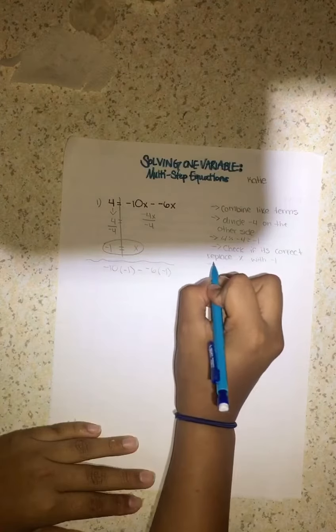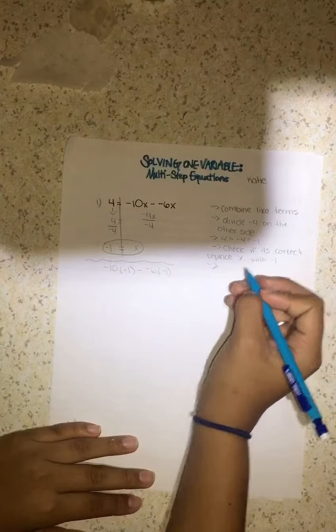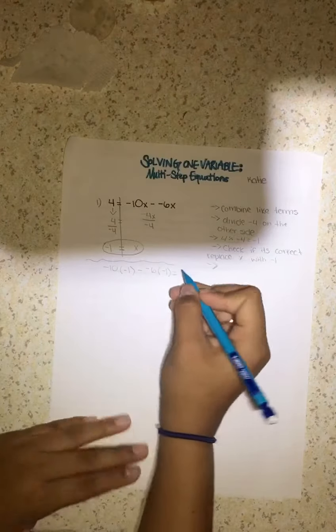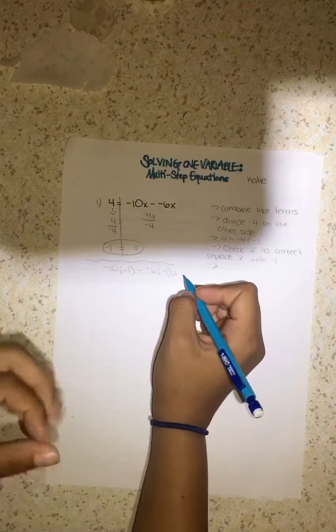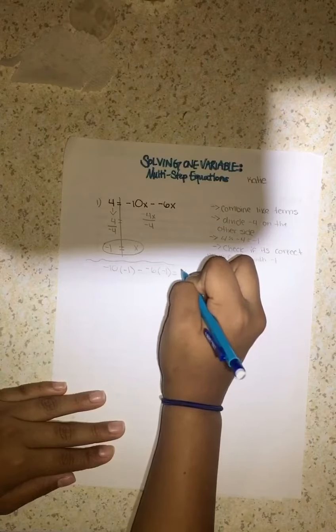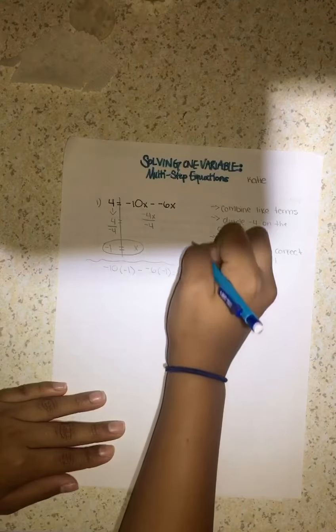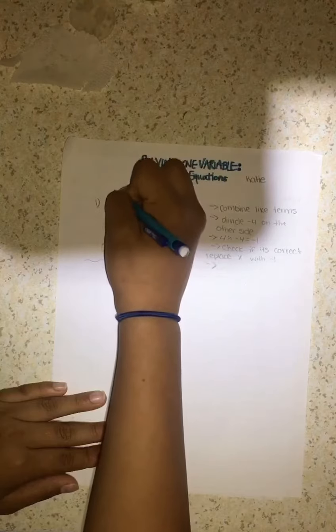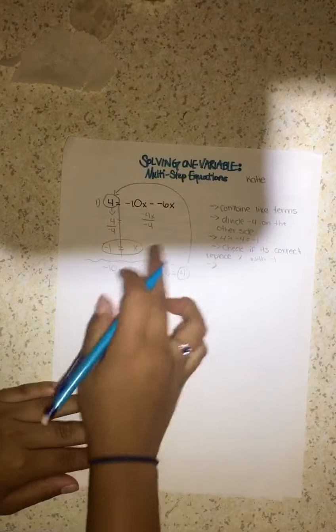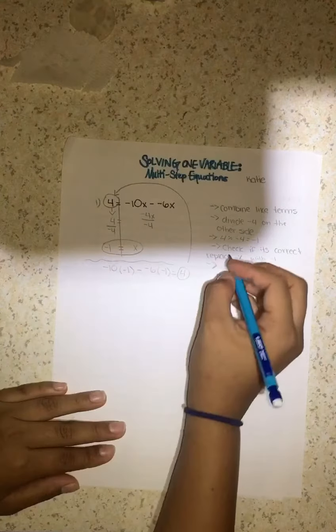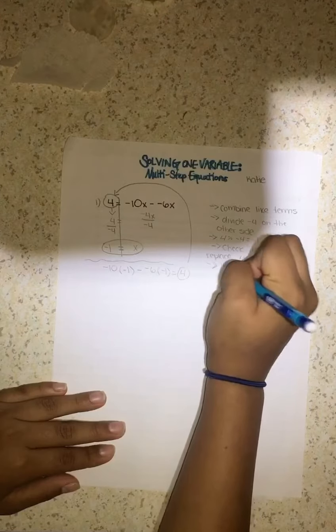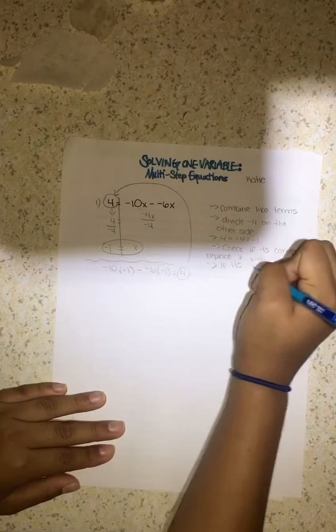So if we do that on our calculator, it should equal 4, which is the same as the equation we started with.